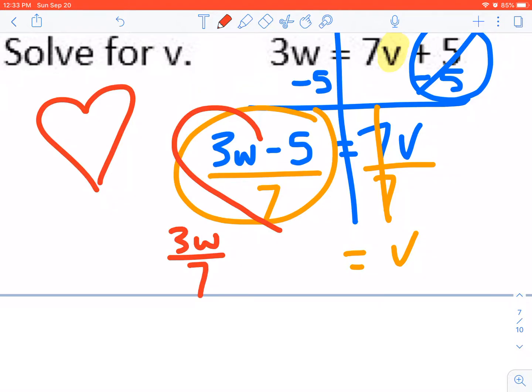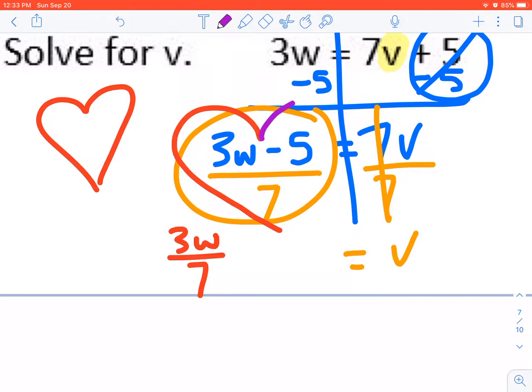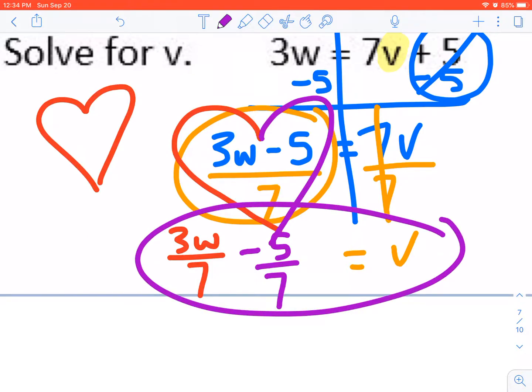And we just take that left side. When the entire side is being divided by the number, you can break it up. And then the right side is going to be the negative 5 over 7. And please notice when I wrote negative 5 over 7, it now kind of looks like minus 5/7. And that is also correct. So this is another version of a correct answer.